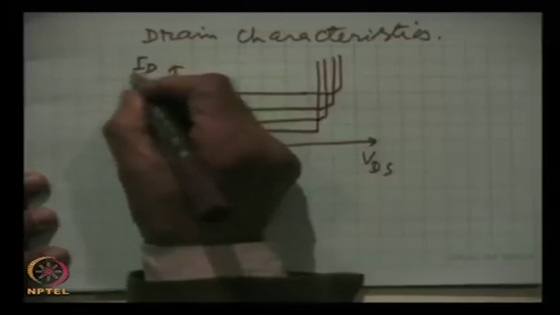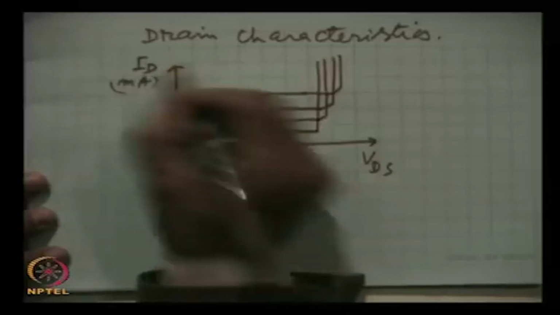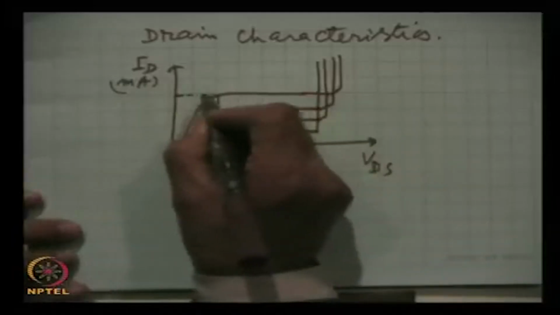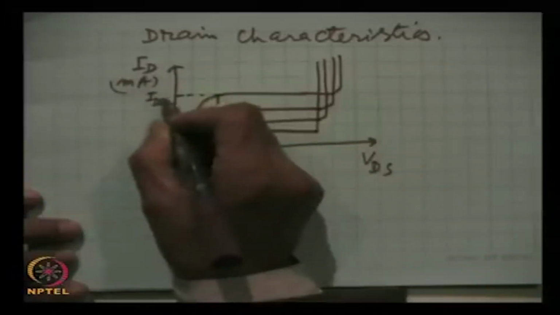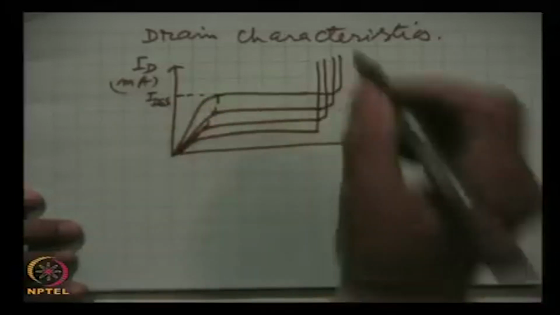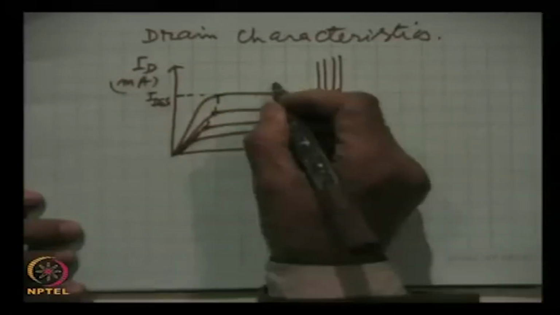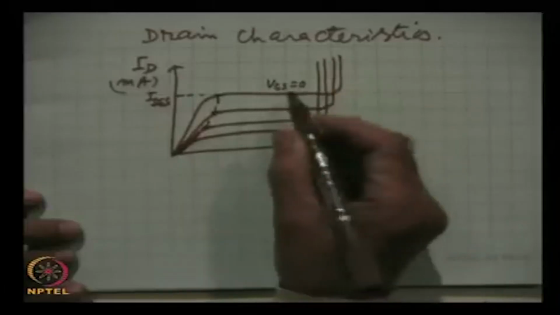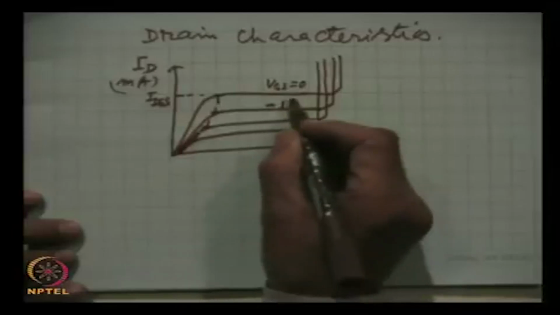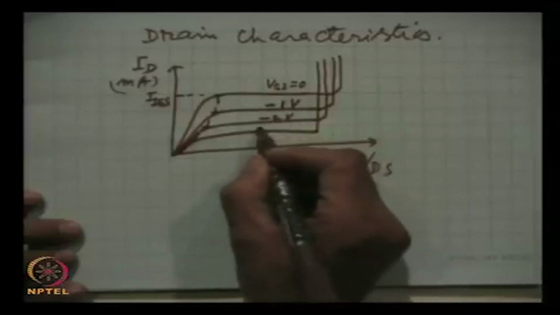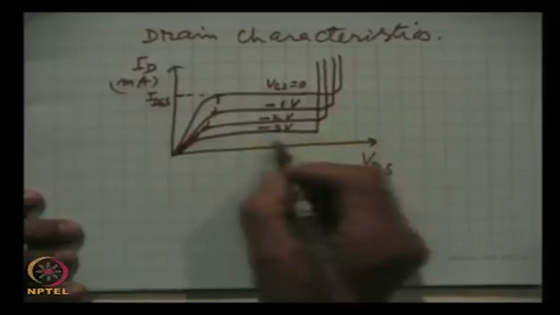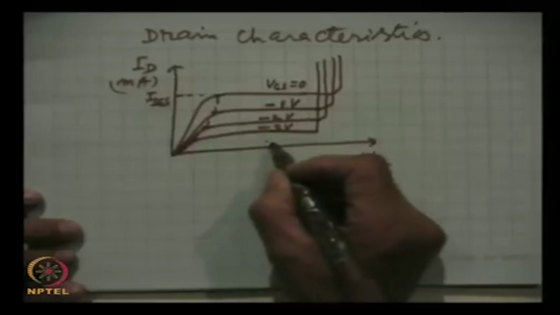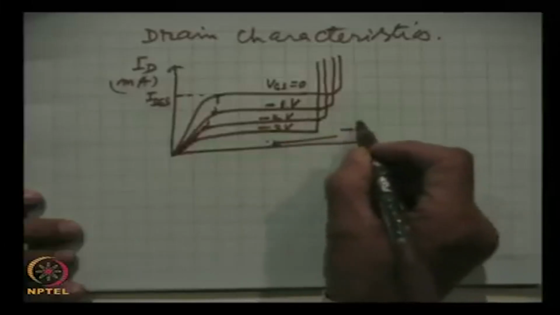This is drain current in milliampere, this is VDS, and this is IDSS, the maximum current, at VGS equal to 0. This is minus 1 volt, minus 2 volt, minus 3 volt, and so on, and then finally minus 4 volts.